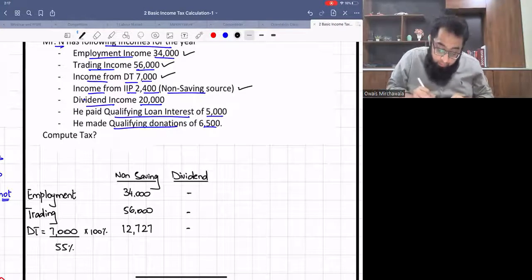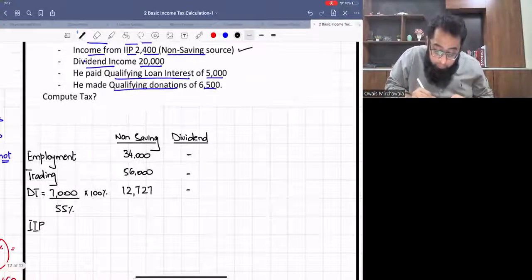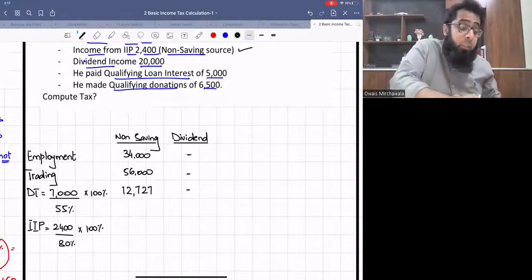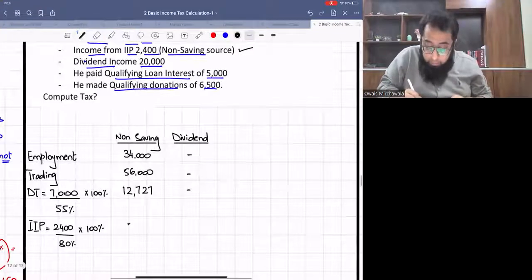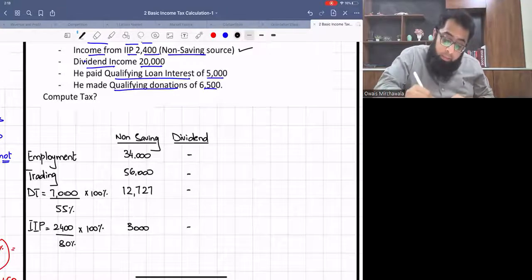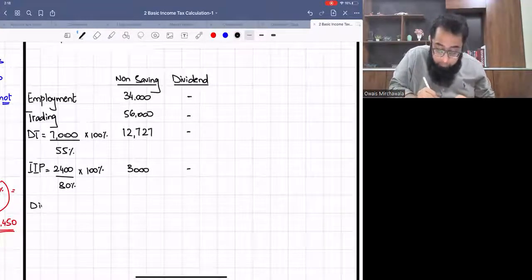Then there is income from IIP, in which there is 20% withhold. 2400 divided by 80%, because there is 20% withhold, multiplied by 100%. So 2400 divided by 80 multiplied by 100. This is 3000, and it also goes in non-saving. And the last one is dividend income, which is 20,000.